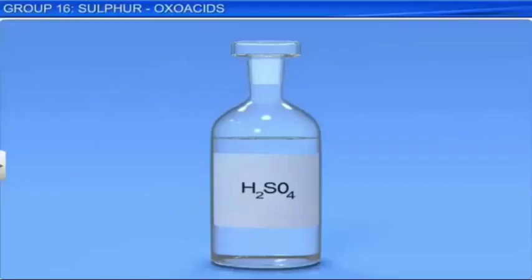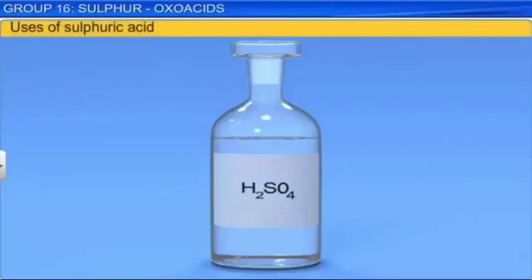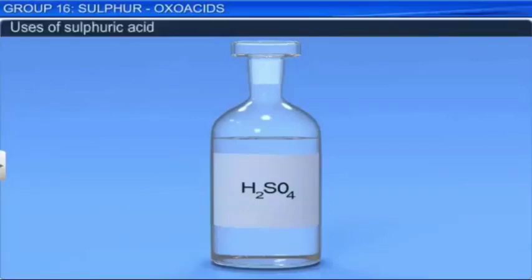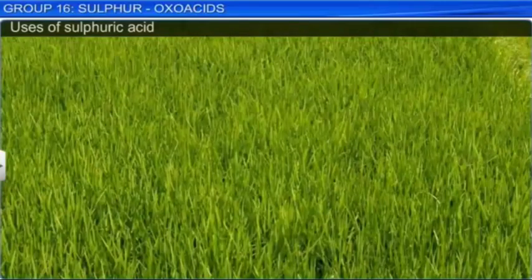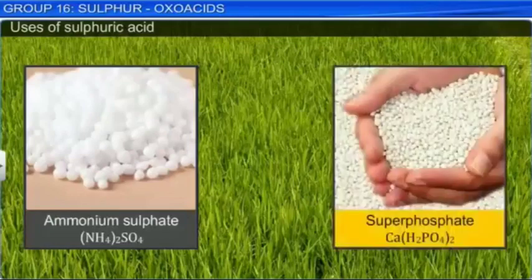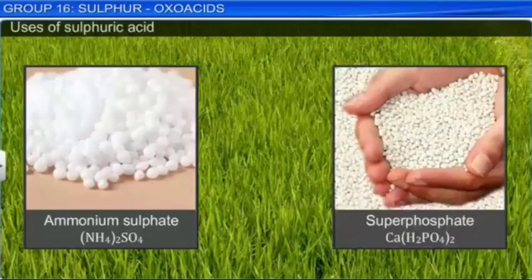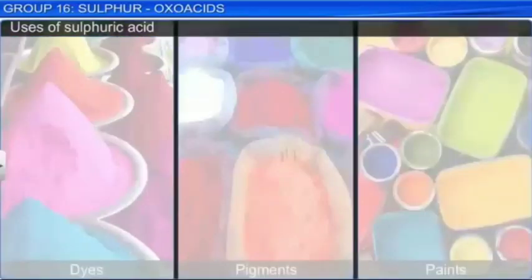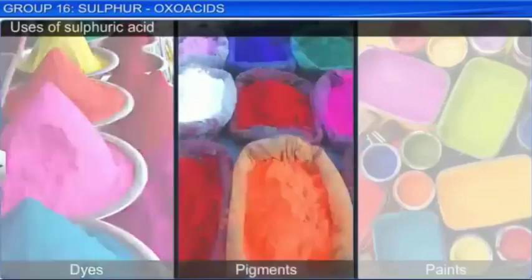Lastly, let's look at the important uses of sulfuric acid. Sulfuric acid, because of its wide applications, is referred to as the king of chemicals. It is used in the manufacture of fertilizers like ammonium sulfate and superphosphate, dyes, pigments, and paints.